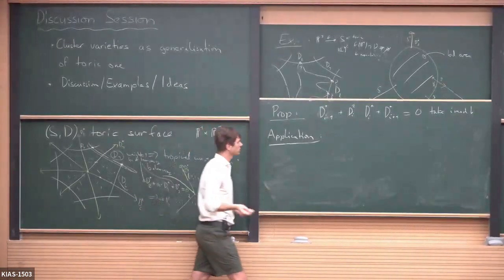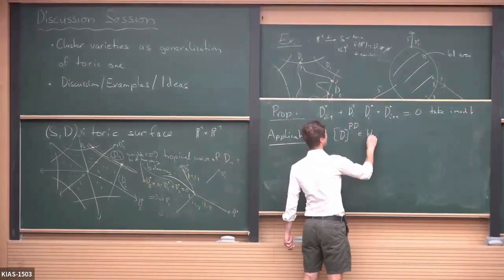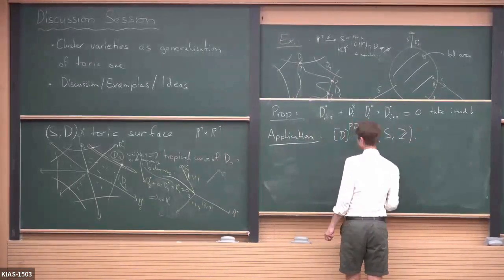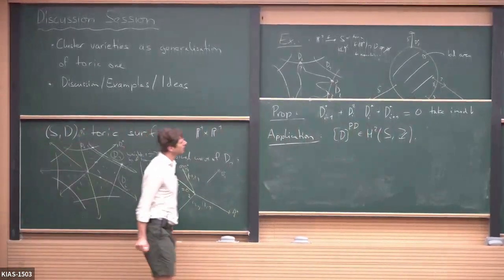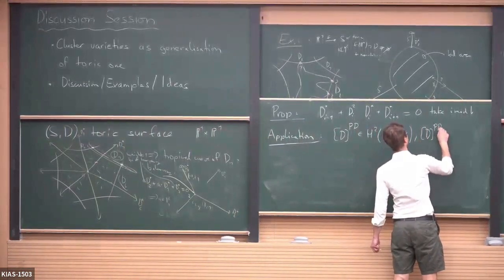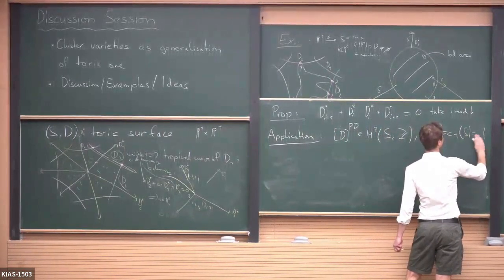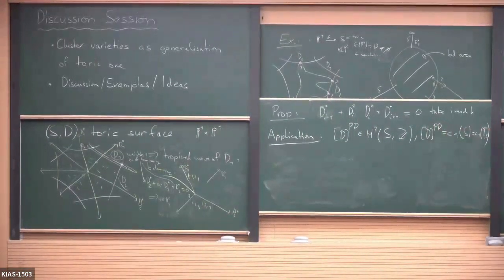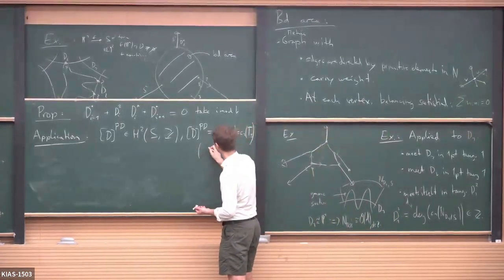So D, you can think the Poincaré dual of D gives you an element of H2. We had a discussion about this yesterday. By construction, this divisor is C1 of T of S. This is the Calabi-Yau condition.